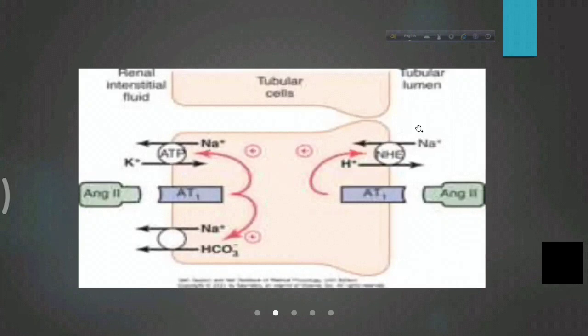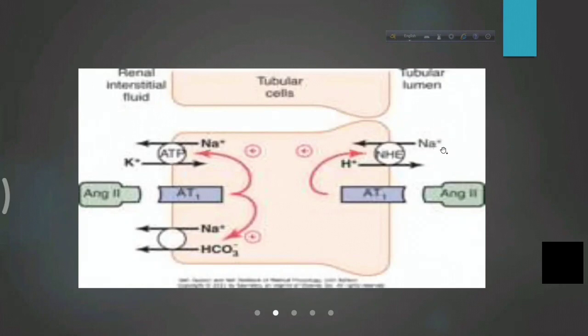When there is increased activity of aldosterone, there is increased reabsorption of sodium ions from the renal tubular cells to the basolateral membrane, and this creates a sodium concentration gradient from the tubular lumen into the cell. This allows diffusion of sodium ions from the lumen into the cell.